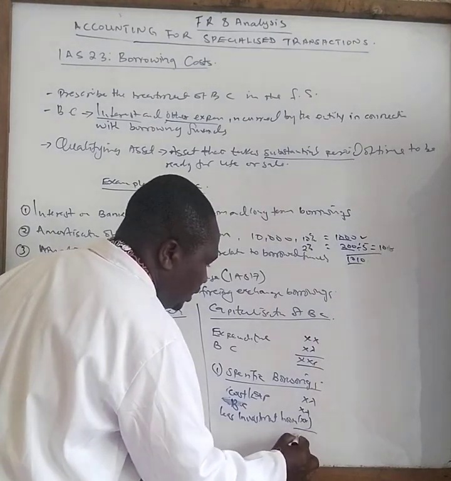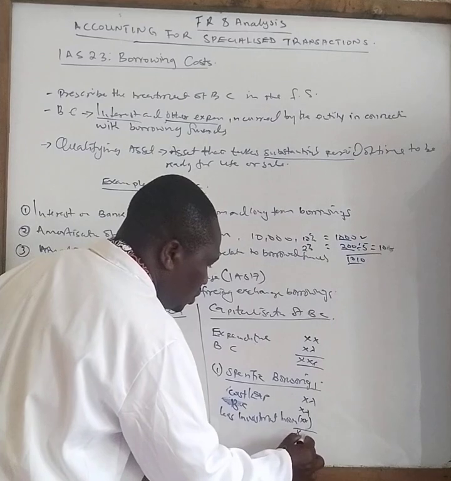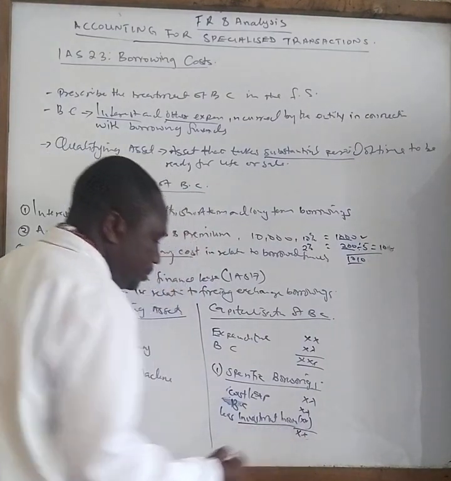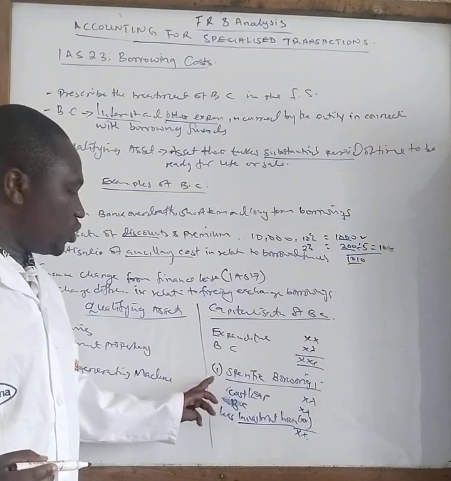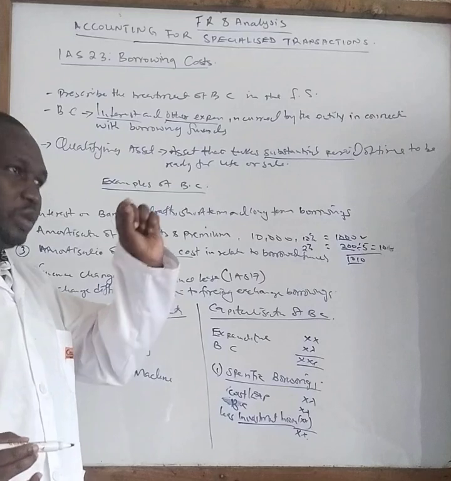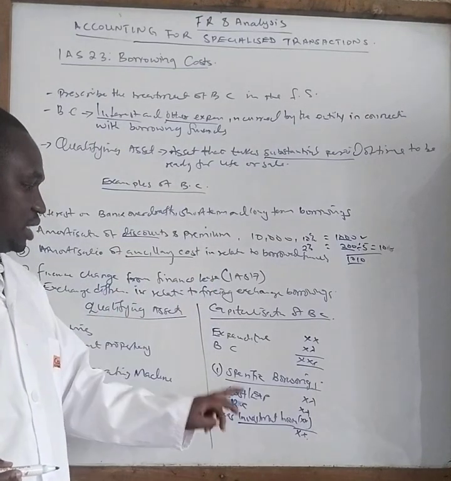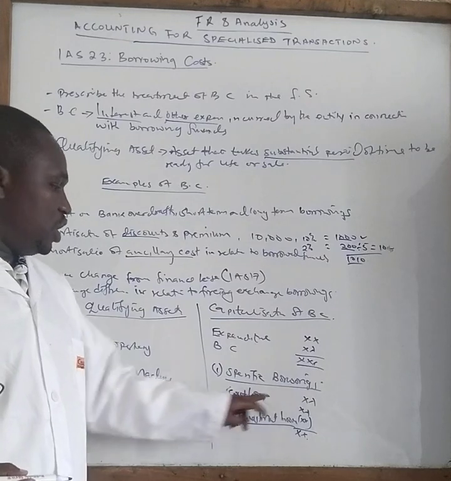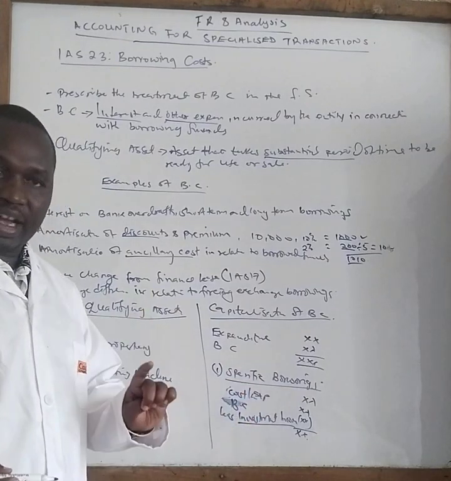So the amount you get is what you call the total cost. I want to explain the meaning of investment income. When you are talking about specific borrowings, that means you are borrowing funds for a specific qualifying asset. You need to take the cost or expenditure, then add the borrowing cost, you less any investment income.